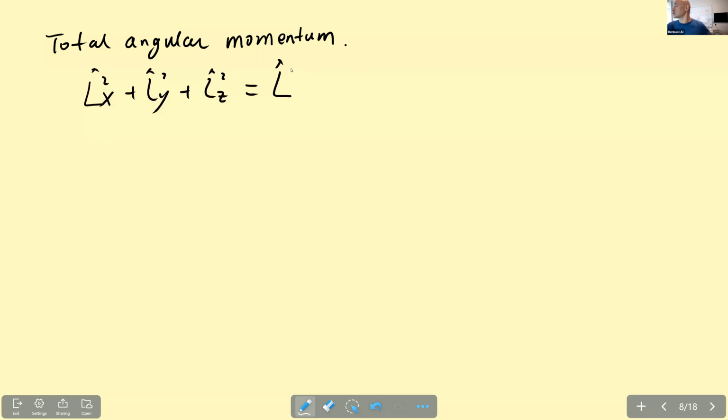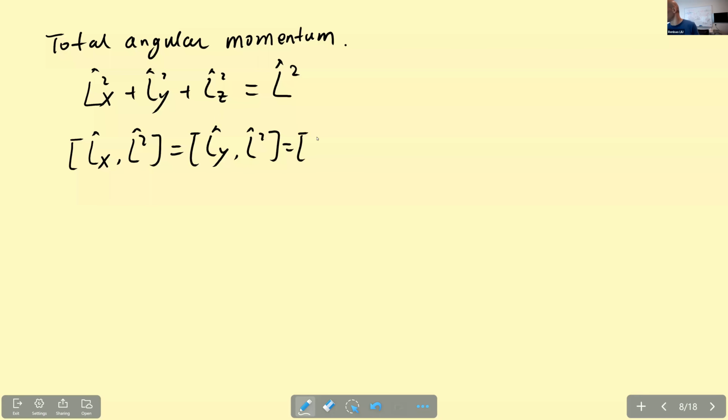We use a shorthand notation, L squared. And then you can also check, very interestingly, that the commutator of Lx and L squared equals the commutator of Ly and L squared, equals the commutator of Lz and L squared, which equals 0.